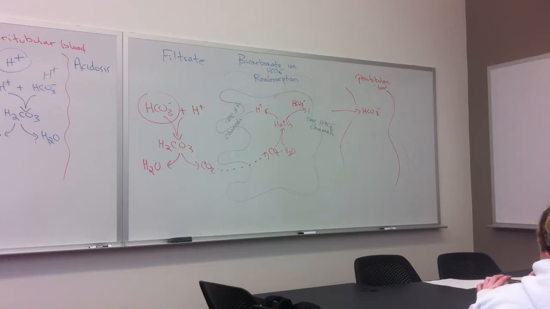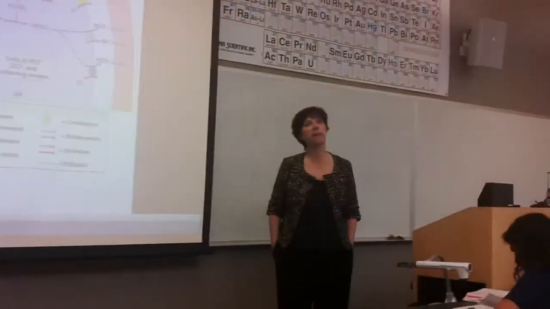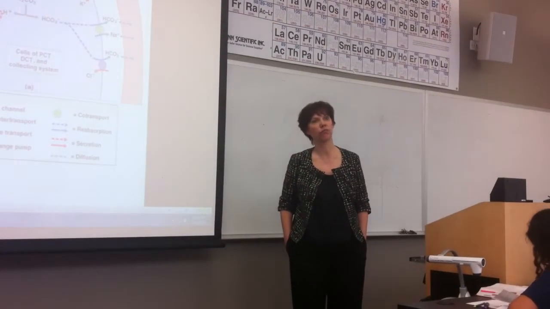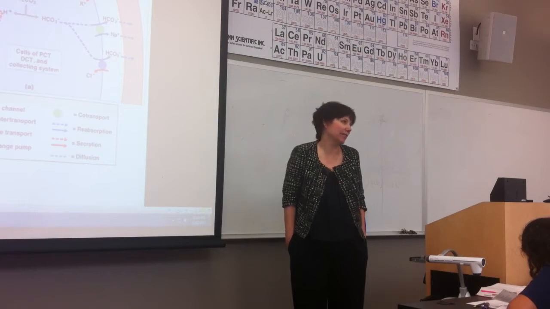Now this is the primary mechanism by which the body adjusts an acidic pH. What happens if we have an alkaline pH? We wouldn't want to reabsorb more bicarb, and we wouldn't want to get rid of hydrogen.